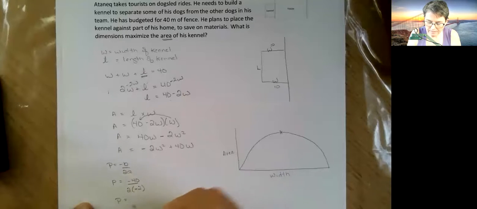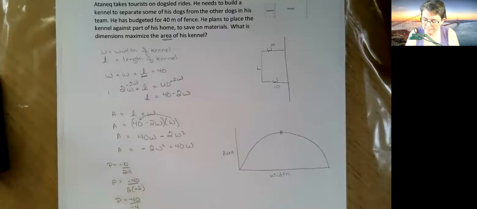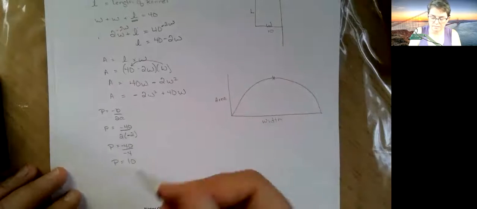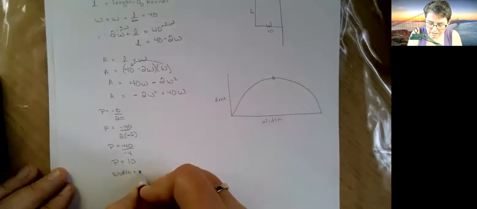Brain fart, negative 40 over negative 4. There we go. W is equal to 10. So my width is equal to 10 meters.